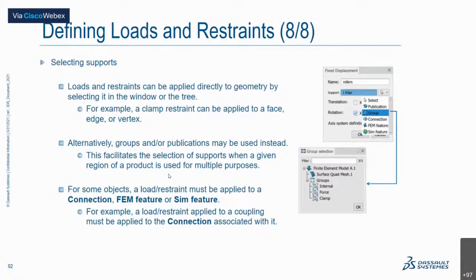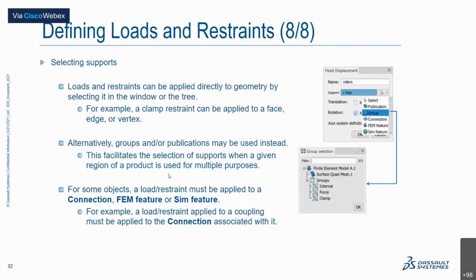Now, selecting supports: the loads and restraints can be applied directly onto a geometry. So, for example, if you have four different faces on which you want to apply forces, or you want to clamp it, you can just select the four faces individually and then apply the load. Or there's one more best practice that is followed, which is creating a group.